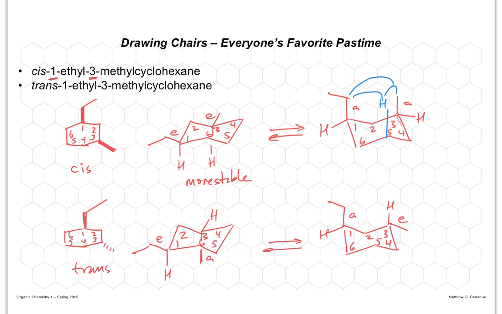Well, if you had each carbon with a methyl group, you would eventually end up in a conformation that would have 1, 3, 5 diaxial or triaxial. That would be pretty destabilizing.